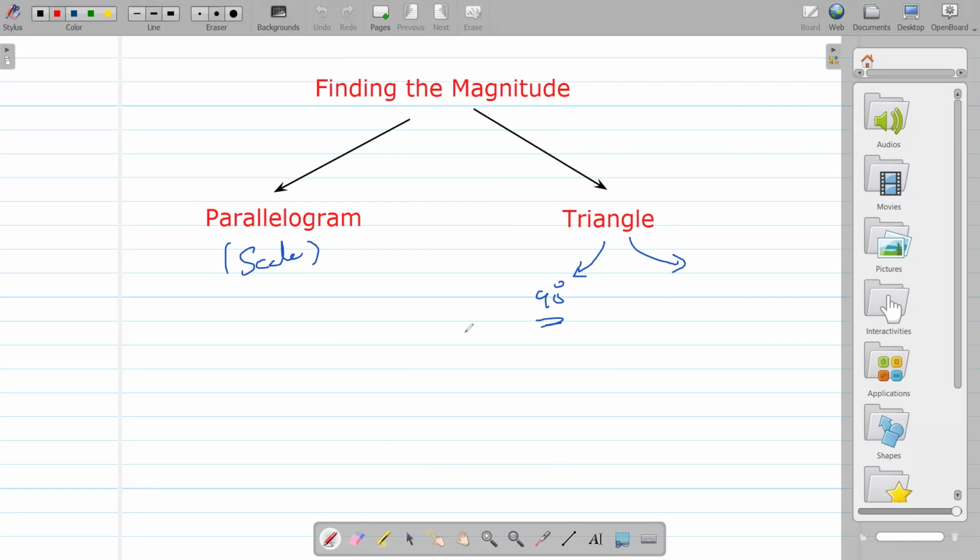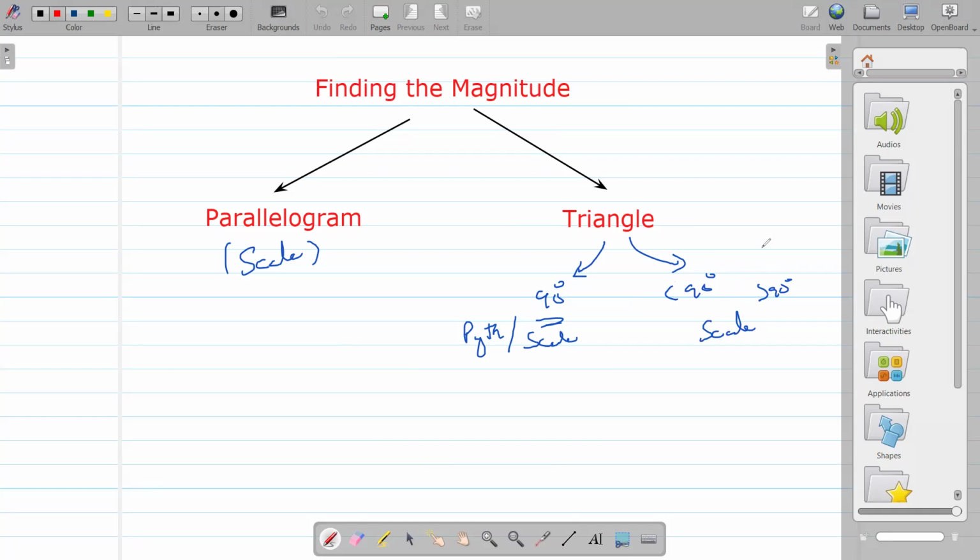We can use the Pythagoras theorem or we can use a scale diagram. Both will give the same result, but because Pythagoras theorem works directly by substituting the values, it will give an exact answer. With a scale diagram, there will be a variation. But what if the angle is less than 90 or more than 90? In that case, we'll use only a scale diagram.